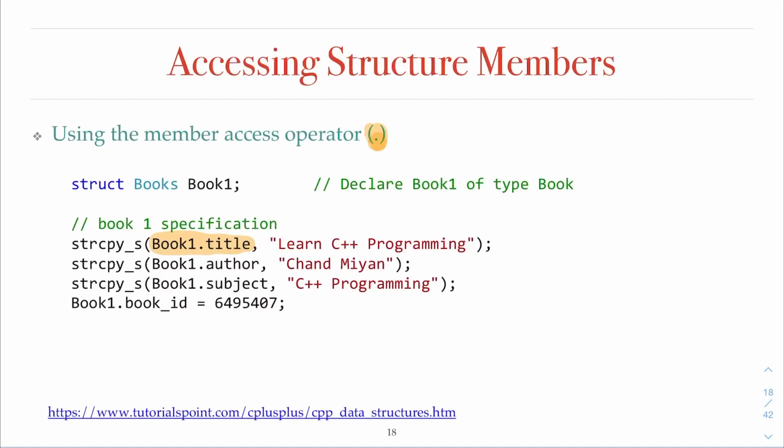Okay, I want to take the book ID in book1. Okay, so you can either read the value here or you can write the value here. It's up to you, right? It lets you have a way to access some member inside a struct. Okay, pretty easy.